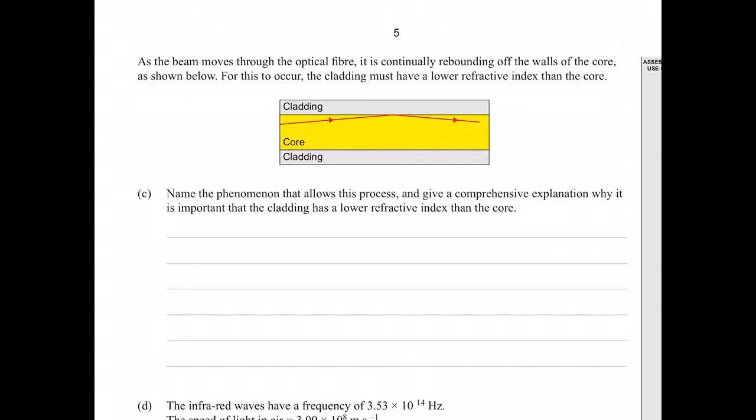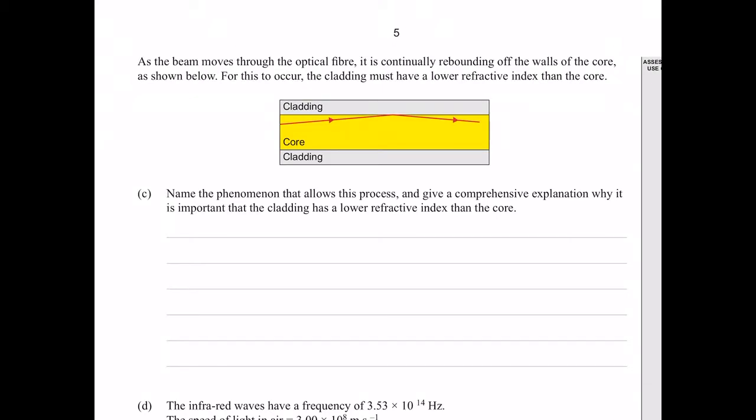So it's moving from a more dense medium to a less dense medium. Apologies guys, I just had a mind blank there. So when a ray is moving from a more dense medium to a less dense medium, the ray would reflect internally and then go back into the same medium.